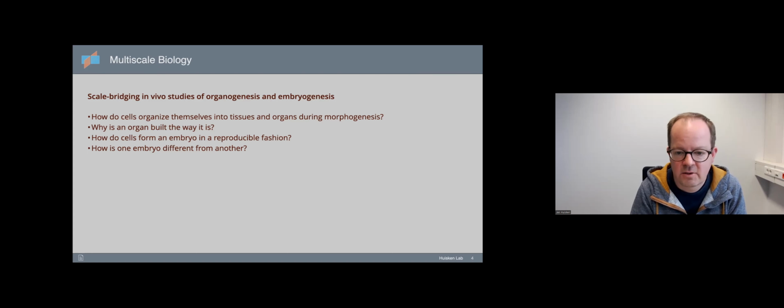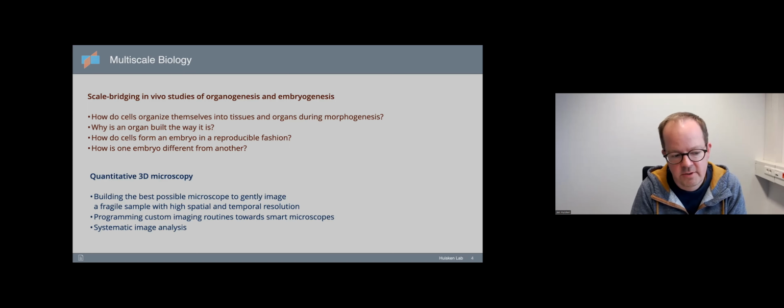So we're asking questions how cells form tissues, how they group themselves into organs, why the organs are built the way they are, and how this always happens in a reproducible fashion. And ultimately also how does one embryo differ from another, which I think is an interesting question that can really only be addressed by systematic quantitative microscopy.